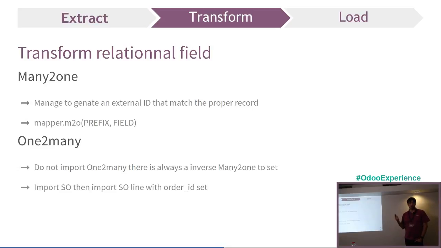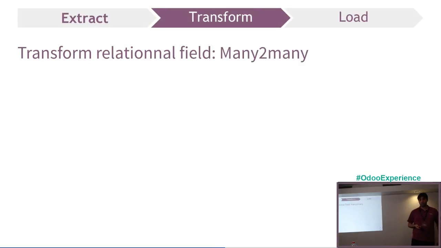For example, import the sell order in one file, and in the second file, the sell order line. You can do that because it's a migration of data, and you can make sure that all your data is imported. If you are doing a web service, a connector, don't do that, because you will end up with empty sell orders if something fails. But in this case, you can check that everything is fine. It's not a real-time process.